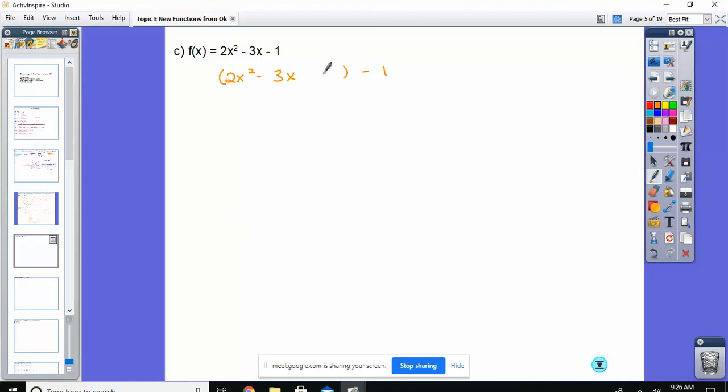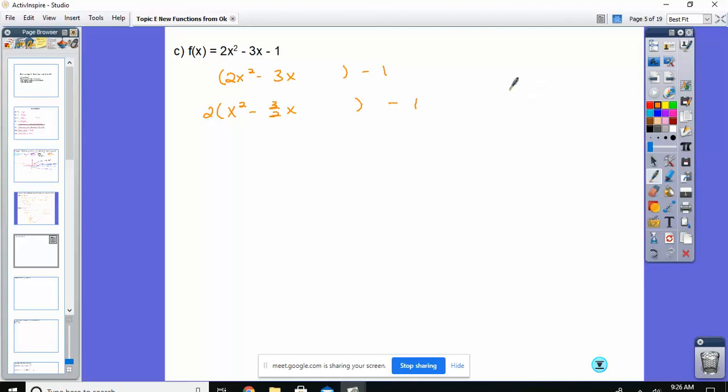But what we're going to have to do before we can complete the square, we actually have to factor out this 2. So if I pull that out, that would give me a 1x squared minus a 3 over 2x. And I don't have to worry about the 1 because I did only pull the 2 out of my parentheses.